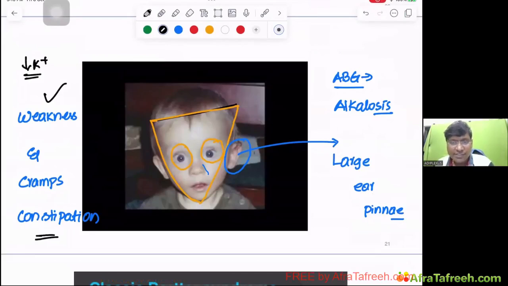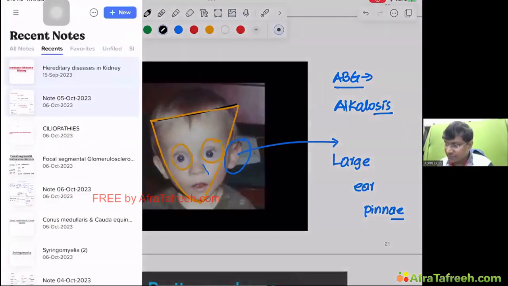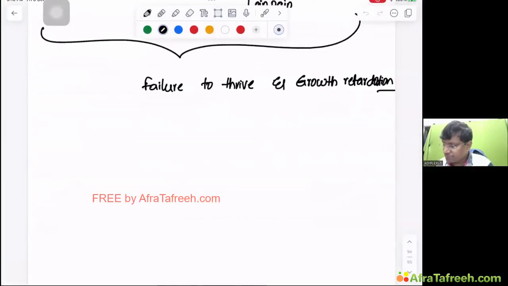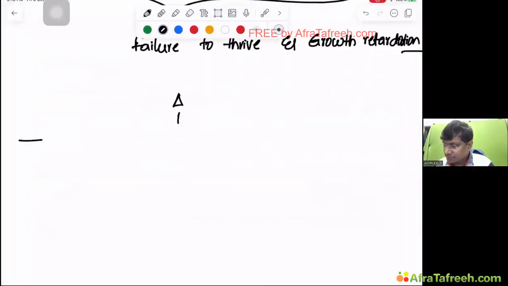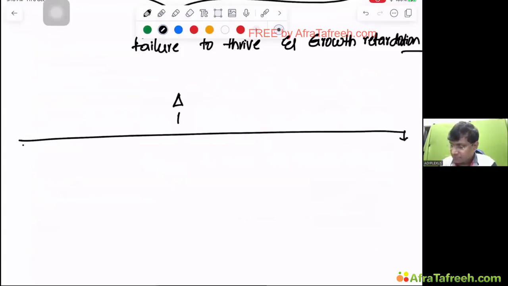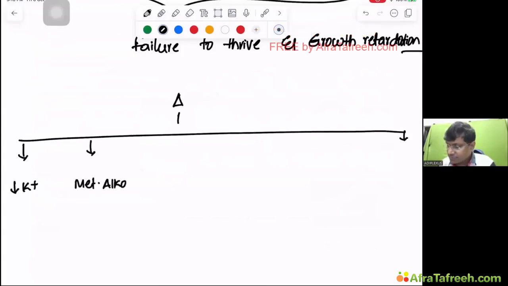And what is the drug of choice in these individuals? That is indomethacin. Now the diagnosis. How will you do the workup of these individuals with Bartter syndrome? Number one, they will have hypokalemia. ABG will show metabolic alkalosis.